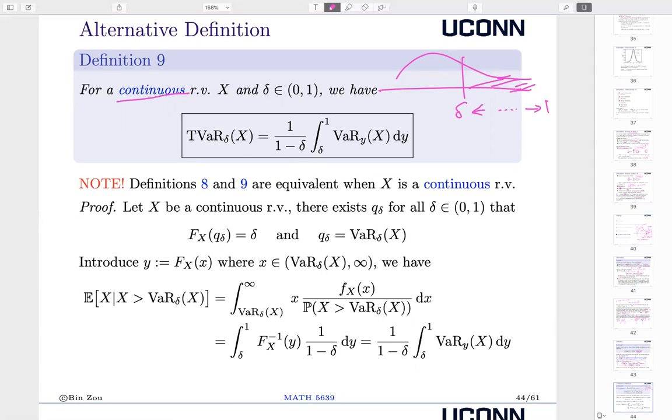So what I have here is an average of all VaRs for levels between delta and 1, right? The bigger your level, the further you move to the right-hand side, okay? And we want to average over all those quantiles. That's why this one has more actual meaning to us.